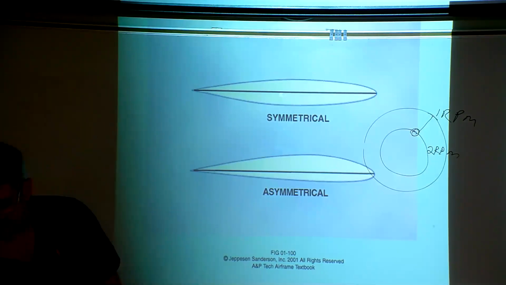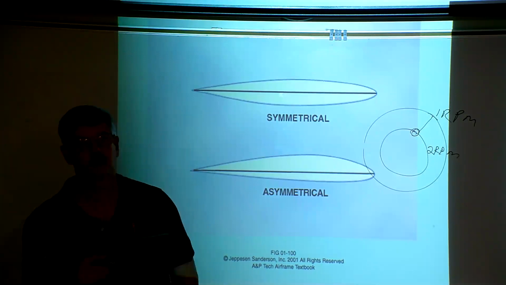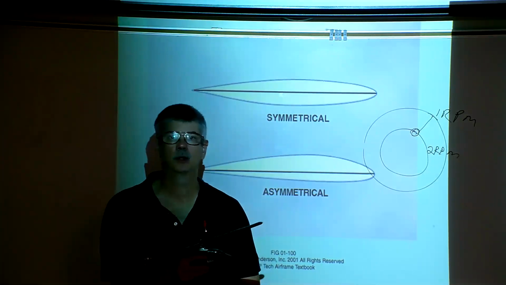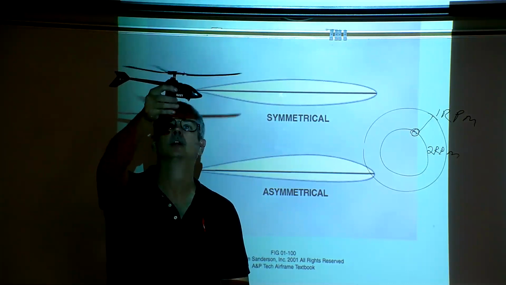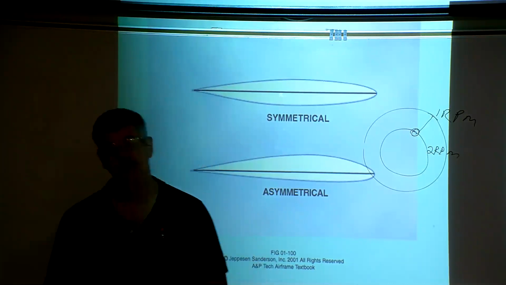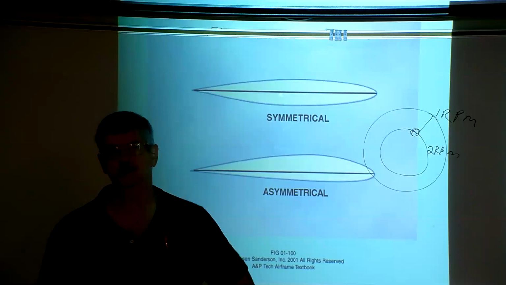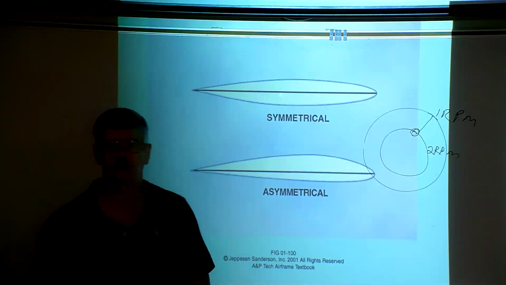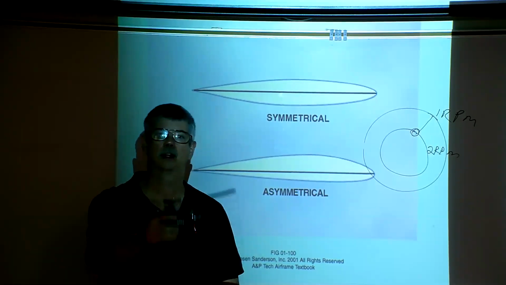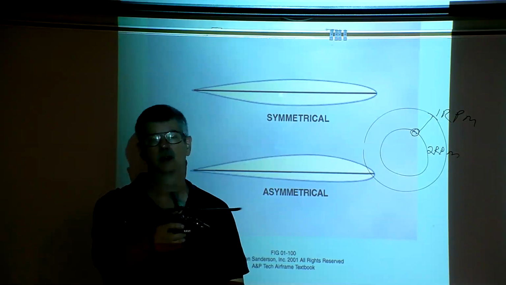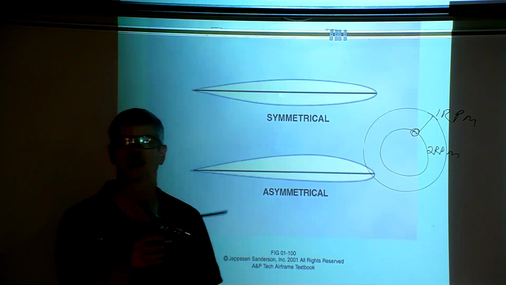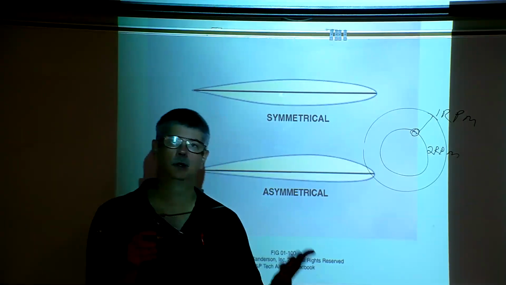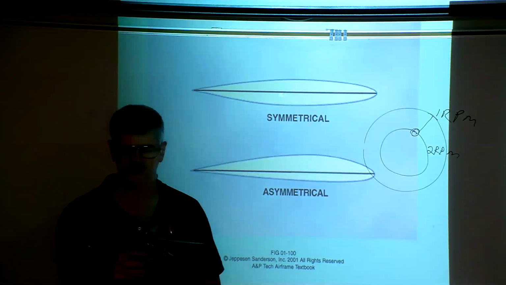Because of this, a helicopter has to push more air down as it goes higher and higher to maintain the displacement. Remember Newton's third law: for every action there's an equal and opposite reaction. So if the helicopter weighs 1,000 pounds near the ground, all it has to do is displace 1,000 units of air, because 1 unit equals 1 pound for this example.